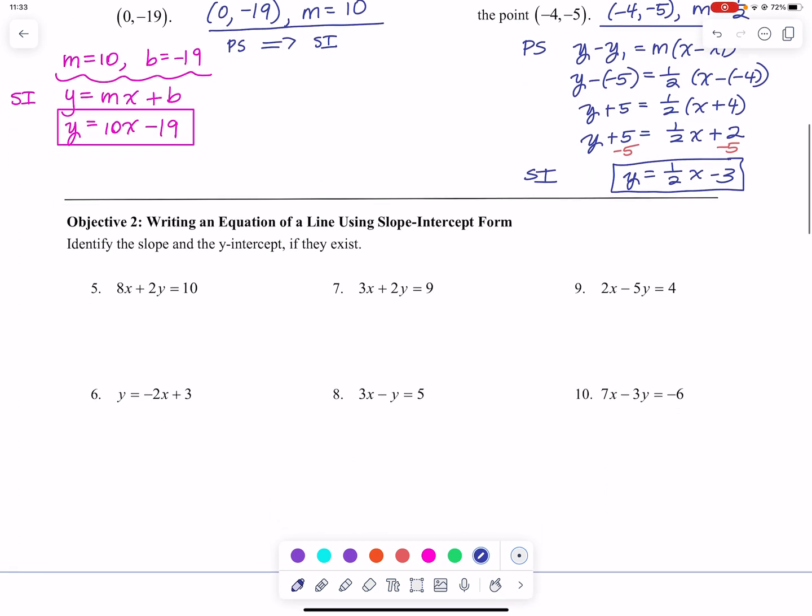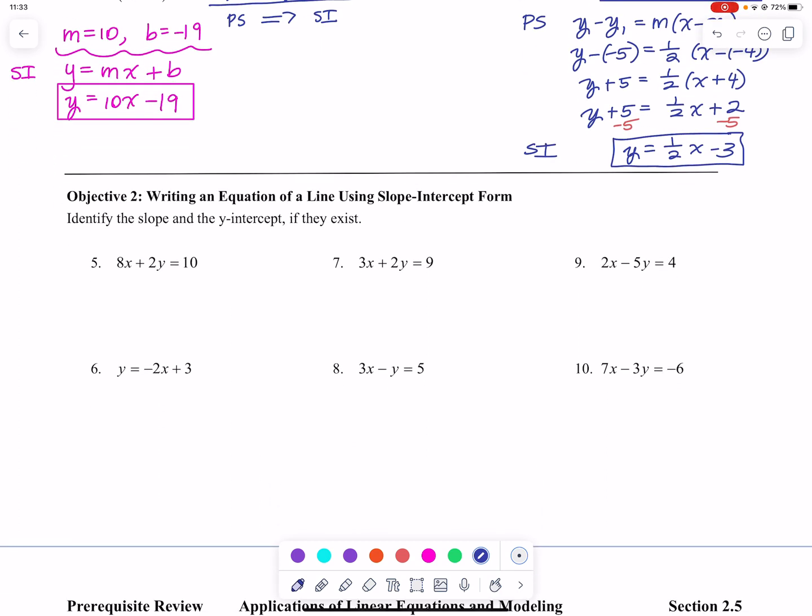And here we end up with our slope-intercept form. Now you can look at all of these equations, and all of these are written in standard form, and it's okay.